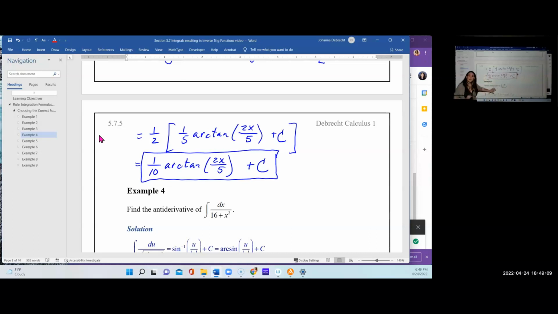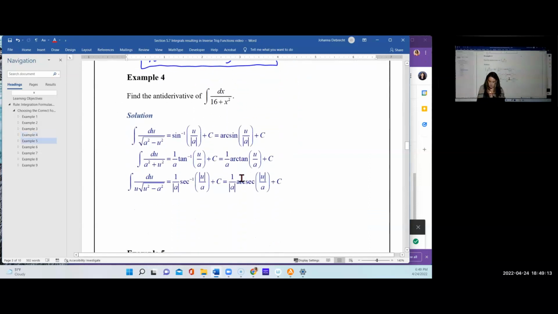Now let's move on to example 4. In example 4, we see the original integral as dx divided by 16 plus x squared. Again, the denominator does not have a radical, but it does have a plus sign. T for plus, arctangent.